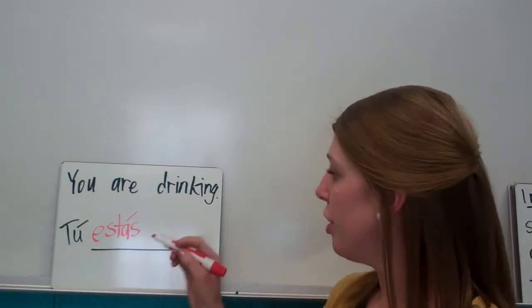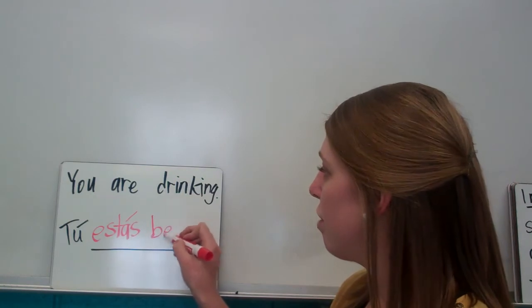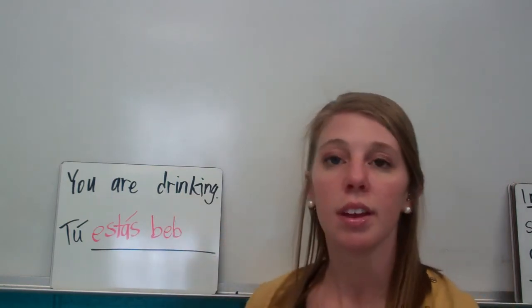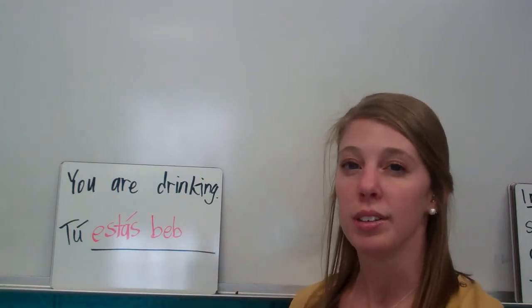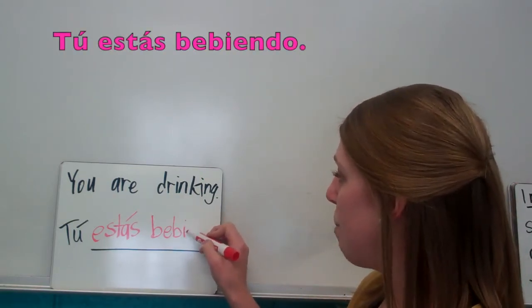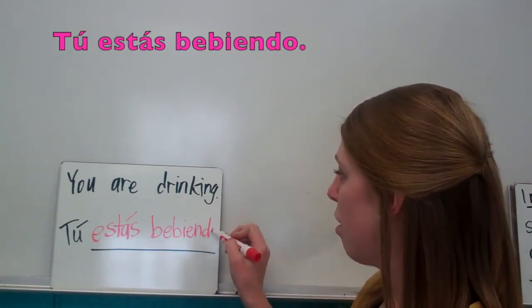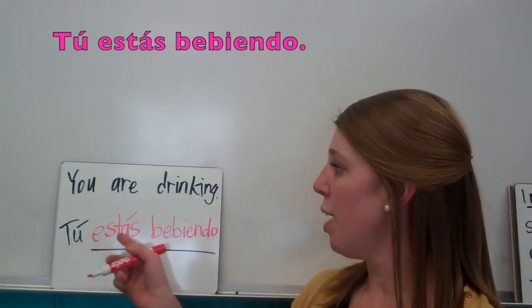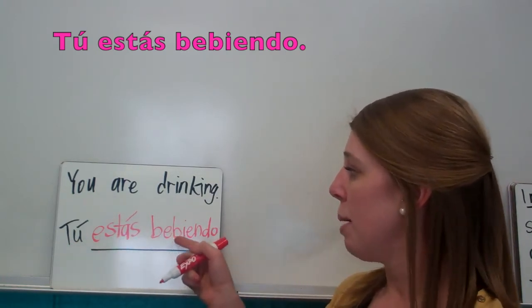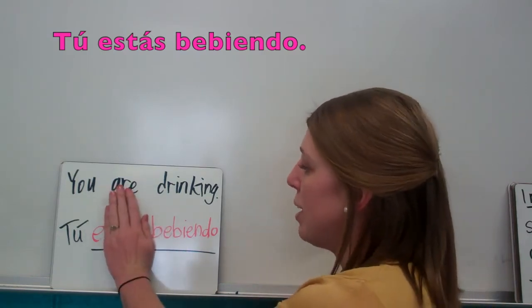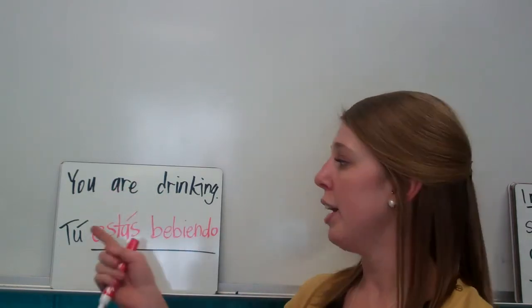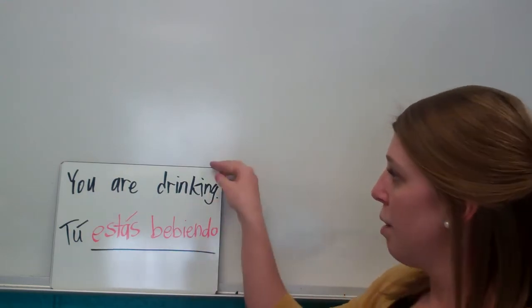So the first thing we're going to do is take off the ER. Now we're going to add the ending that goes with ER verbs in the present participle. So it's going to be bebiendo. So tú estás, so you are. Bebiendo means drinking. You can never say tú bebiendo. That makes no sense. You've got to include all the steps.